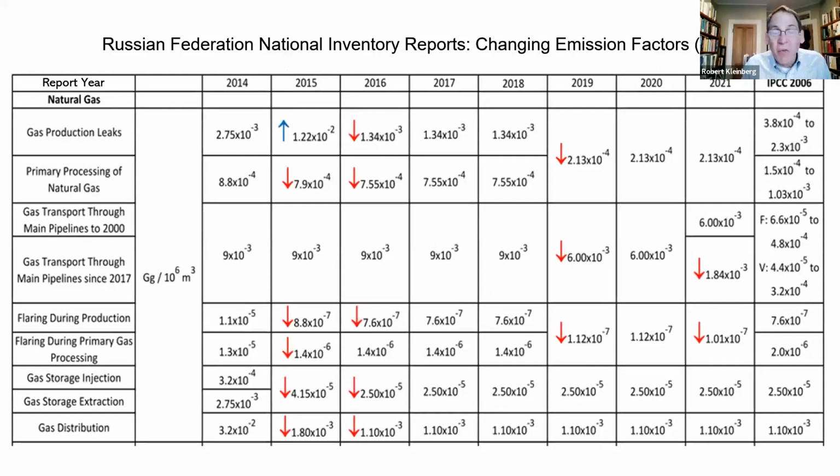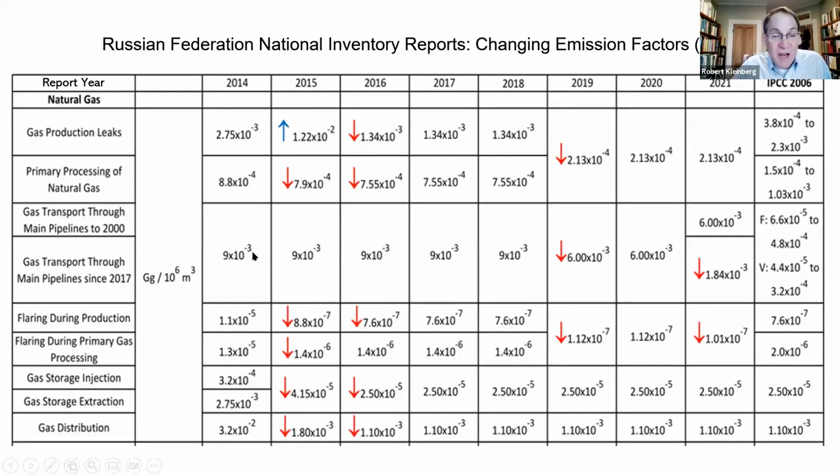Okay, so let's just have a look at why those curves are changing so much. Here are the emission factors now shown in a table. Each column is a report year. So this is the report issued in 2014, covering 1990 to 2012, 2015, covering up to 2013, and so on. This is the gas sheet, and as you see, the activity factor is in gigagrams divided by 1 million in terms of meters cubed.